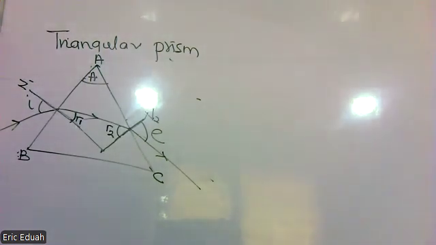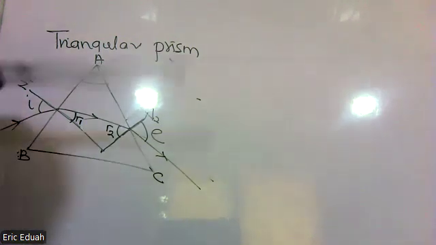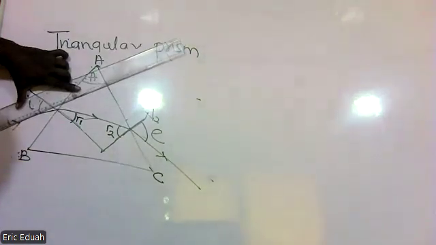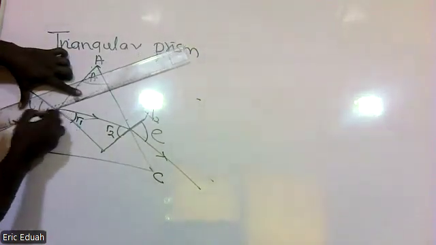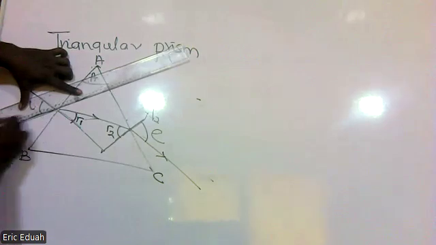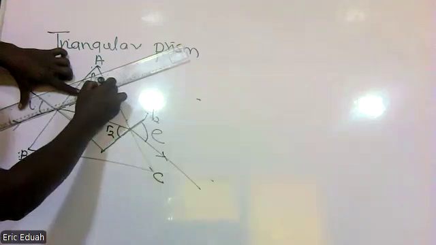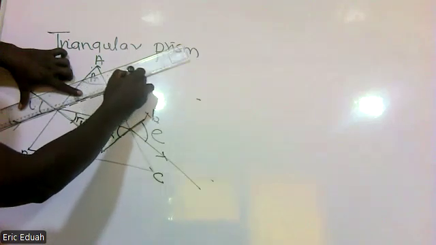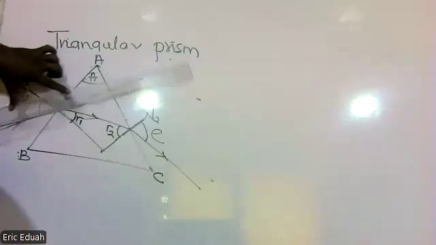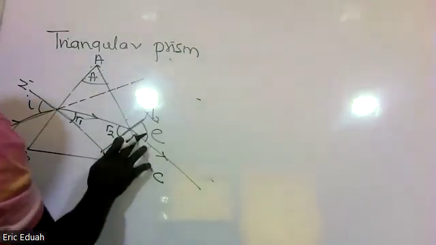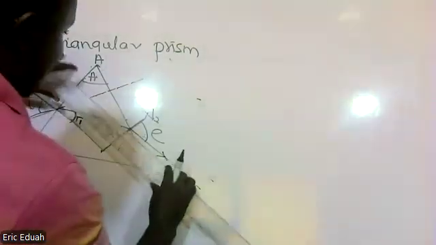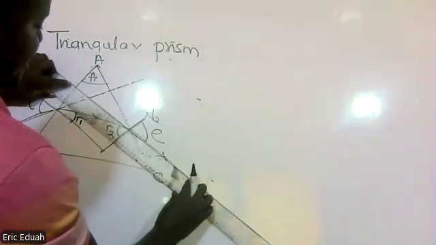We want to see how the ray is deviated. The incident ray originally is moving in this direction. The emergent ray originally is also moving in this direction.